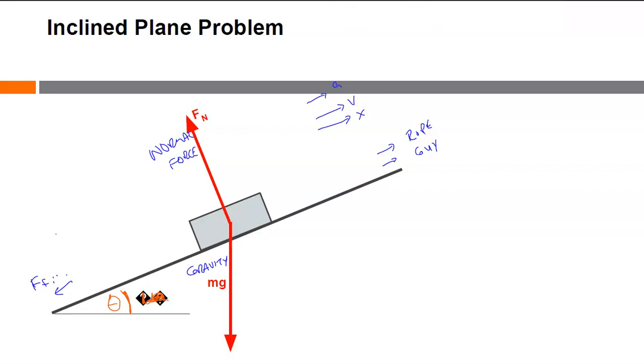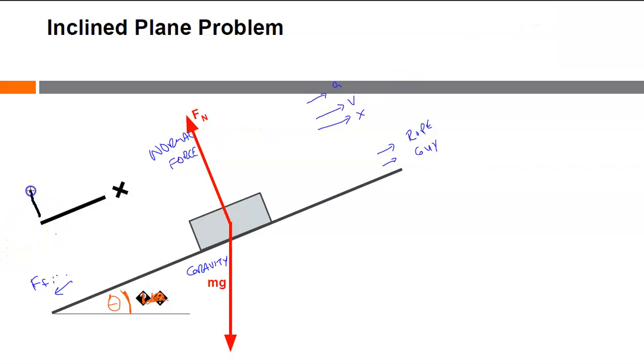Anytime you see something on an inclined plane like this, what I'd like you to do is to draw a new coordinate system for it. And the coordinate system that you really need here would be this. I want the x-axis to run parallel to the ramp, like that. And I want the y-axis to run perpendicular to that.